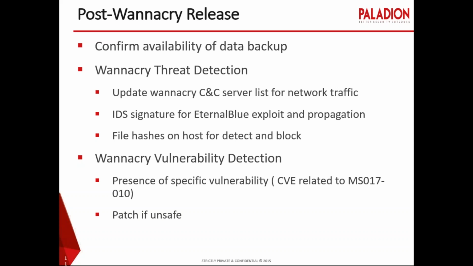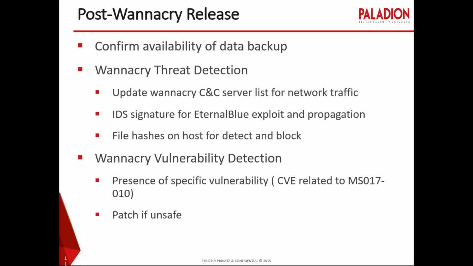Keep your IDS signatures updated to see both aspects: whether any external or internal users are trying to use the exploit, or whether any infected systems are trying to do lateral movement and propagation. The file hashes associated with the ransomware are already published.